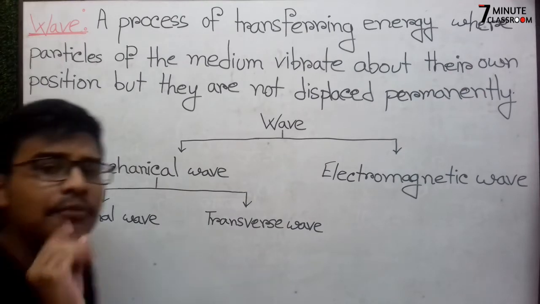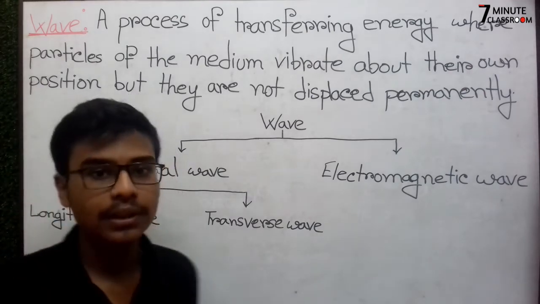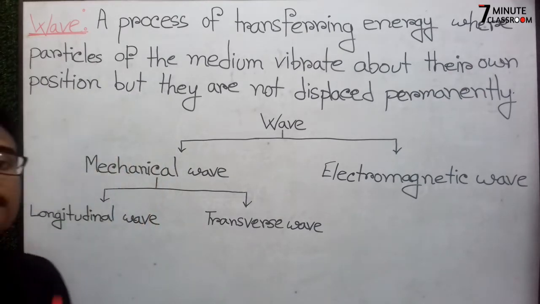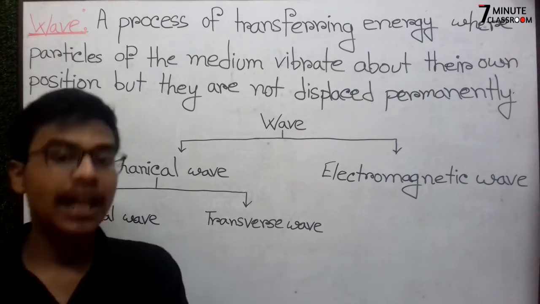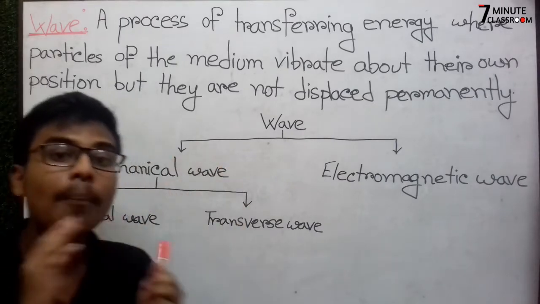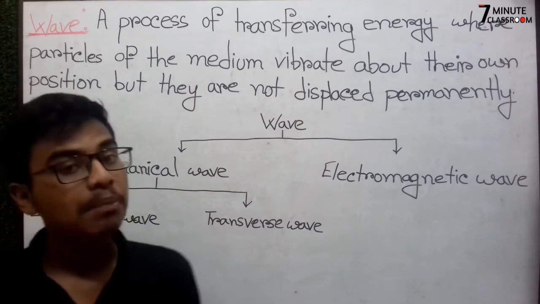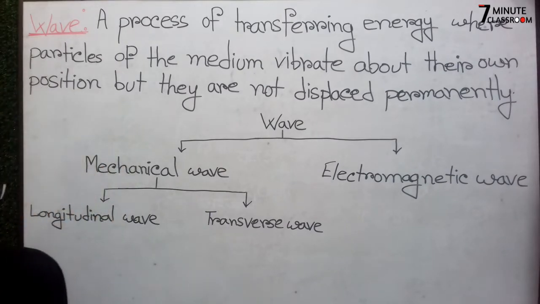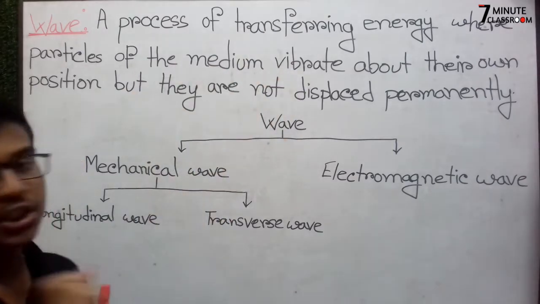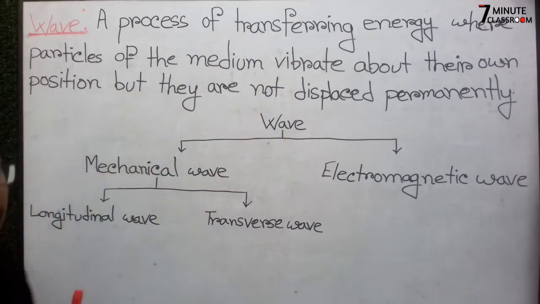So first of all, we have to learn what a wave actually is. A wave is a process of transferring energy where the particles of the medium vibrate about their own position but are not displaced permanently. It's called a wave. Okay, so here I have just written the definition. You can understand from there. I'm just explaining the definition again.